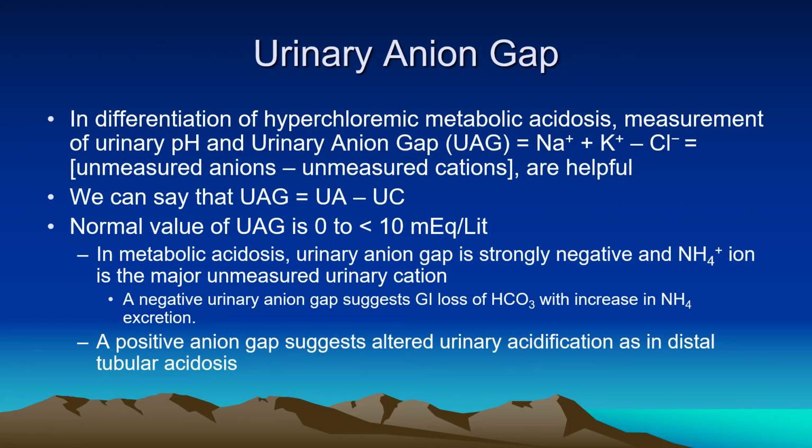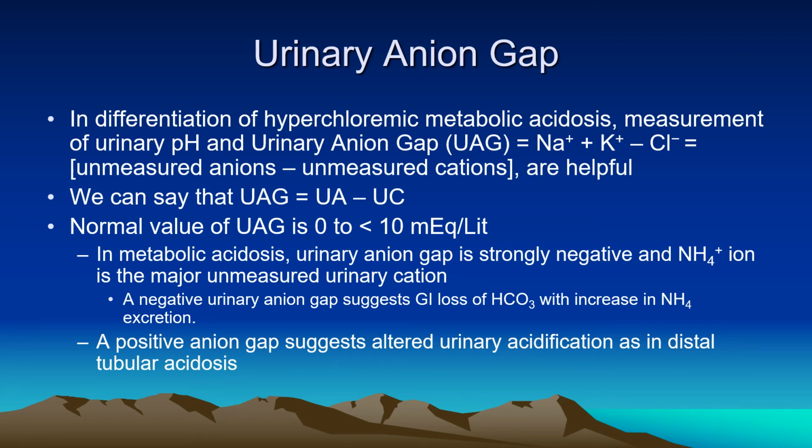Therefore, urinary anion gap calculation can be useful in differentiation of hyperchloremic metabolic acidosis, when there is normal anion gap metabolic acidosis. And here we can measure the urinary anion gap and urinary pH.